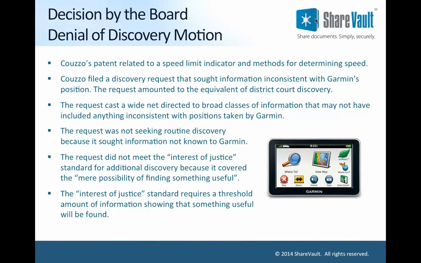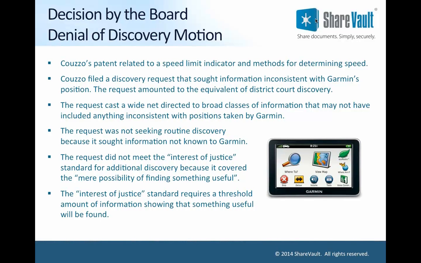And the PTAB said that the kind of discovery that Cuso was seeking was essentially the same as one might find in a district court. And basically, Cuso was casting this wide net, seeking information which would be inconsistent, but which Garmin might not know about.